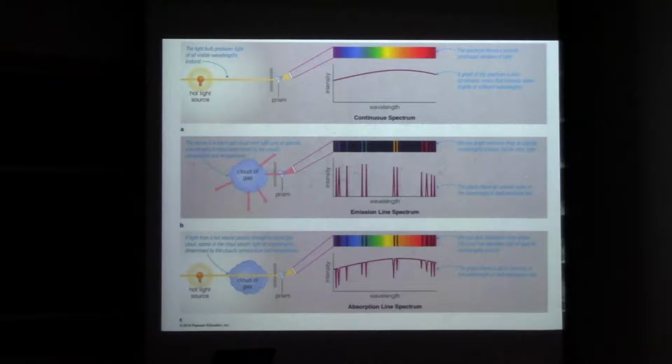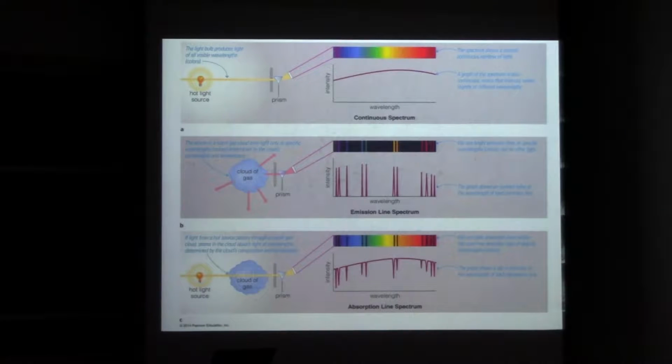And so that's illustrated there with a hot cloud of gas, pass the light through a slit, spread the light out into its colors with either a prism or a diffraction grating. You get a bunch of images of the slit, which we call spectral lines. Specific wavelengths of light put out by each gas that serve as a sort of spectral fingerprint. So that's the second type of spectrum you can get.